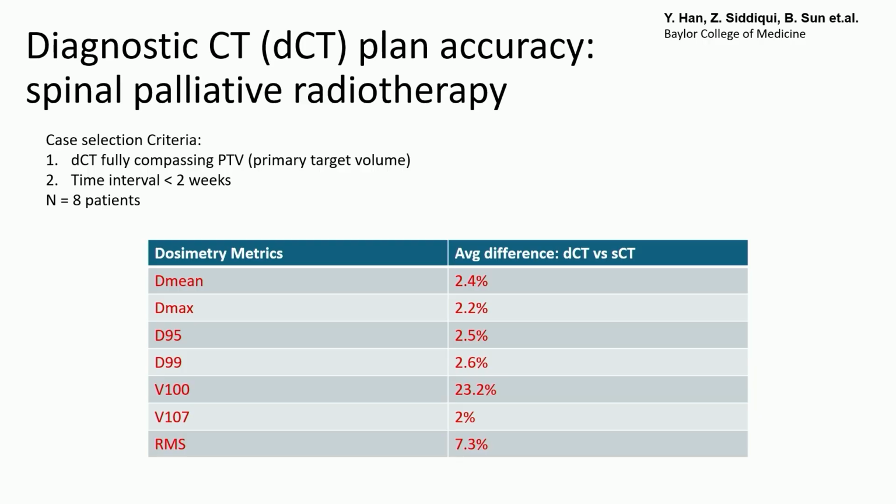For this number, when it's close to 0, that means the two plans are more identical. And you can see, for example, the V100 difference is very large, 23.2%. And for all the other metrics, it is at the boundary of the clinical tolerance, meaning a large fraction of patients is over the clinical tolerance.